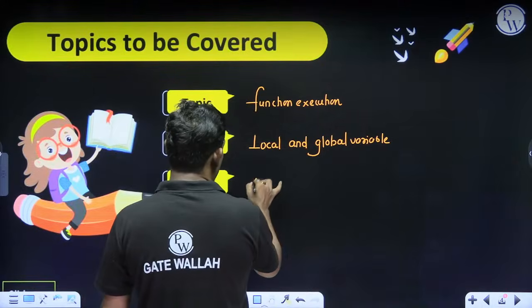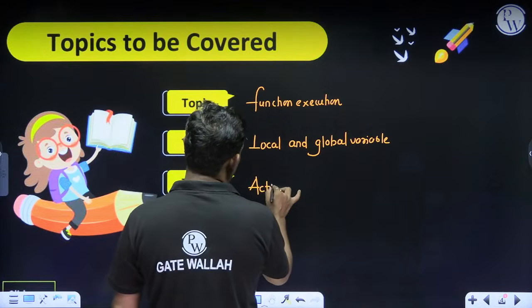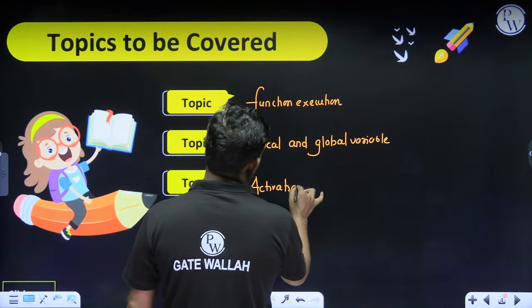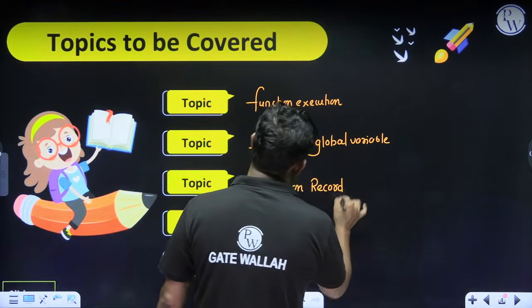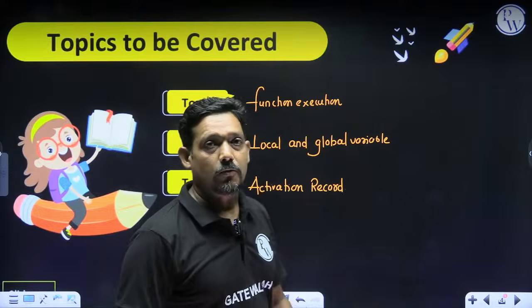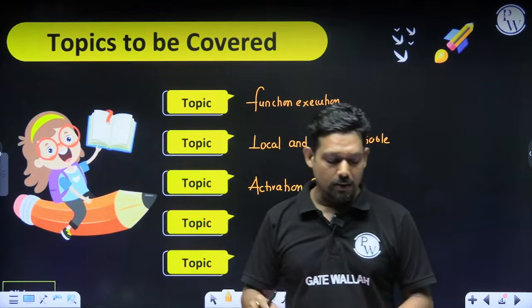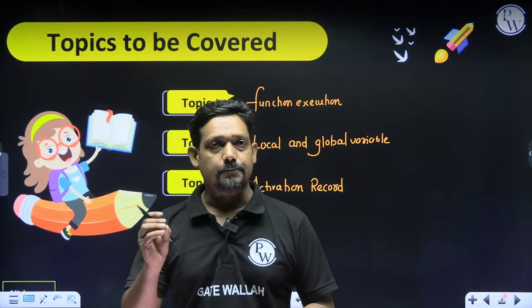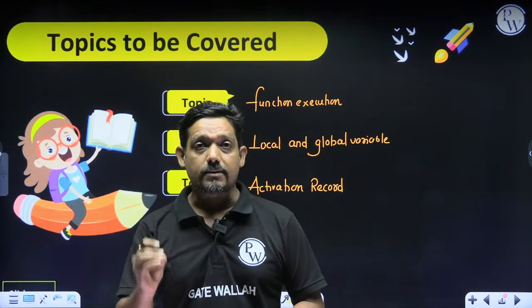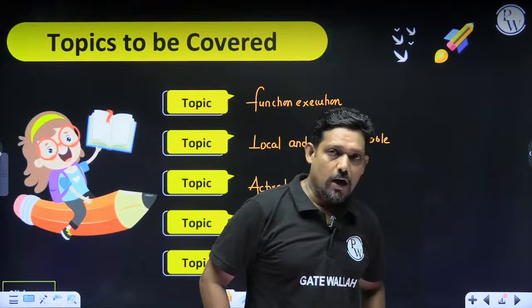Also we'll talk a little bit about activation record. Okay, activation record. This is also one of the important concepts, and we have seen that there are questions from the activation record. If you want to learn more about the activation record, this topic is covered in compiler design, runtime environment.